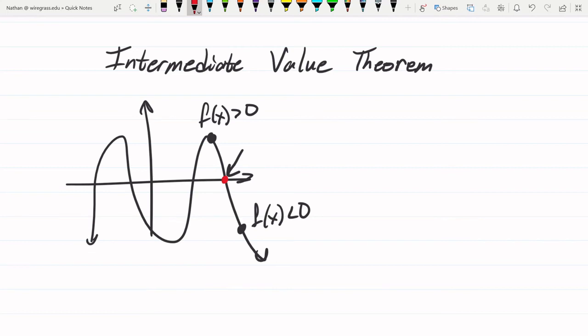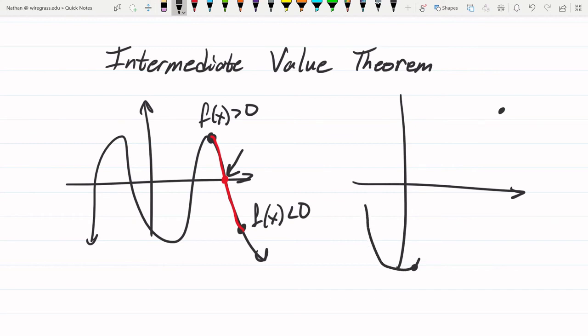In order to connect this top point to the bottom point, you have to draw a line that can't jump. So, for instance, if I were to draw a function here, and I told you the function is negative down here and positive up here, I could draw a polynomial like this, and I could spend as much time as I want down here. But at some point I have to cross the x-axis.